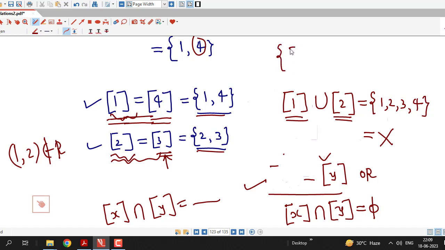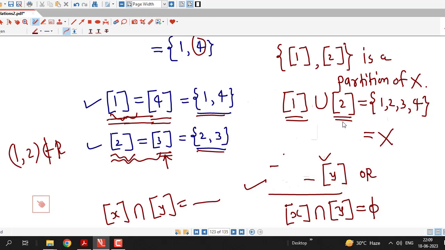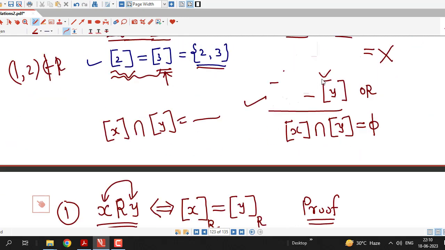Therefore we have a partition of this set X, and that partition has blocks as equivalence classes. So this is a partition of the given set X. Equivalence classes always give us a partition of the given set X because their union is equal to the given set X and they are disjoint. So that is one important remark.